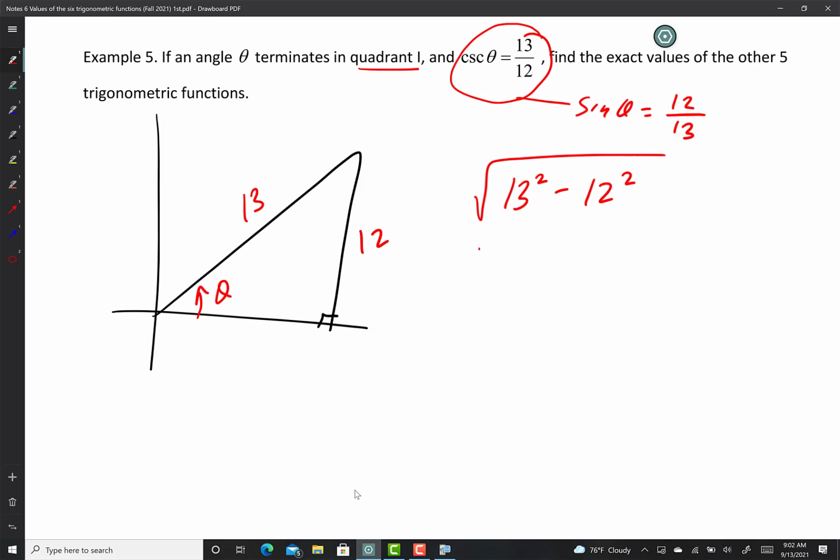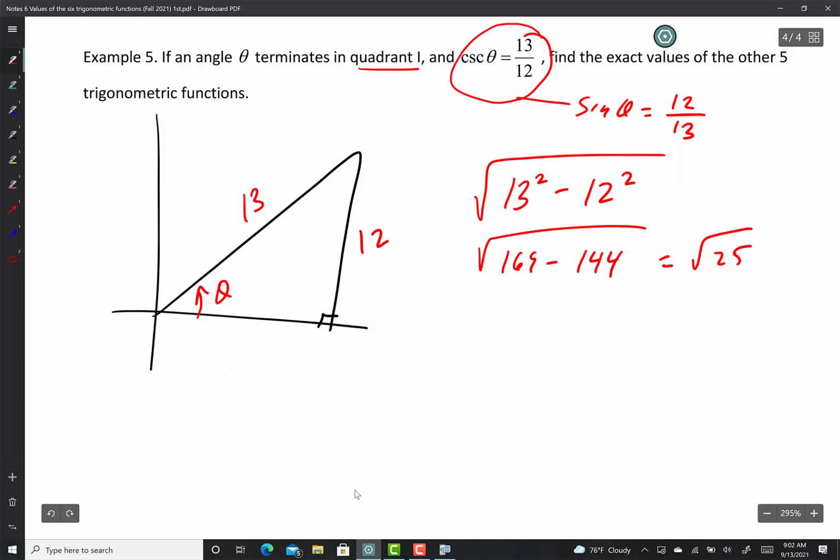What's 13 squared? 169. Minus 144 is 25. Square root of 25, so that is 5. We okay so far? And then from there, we're just going to find the others.